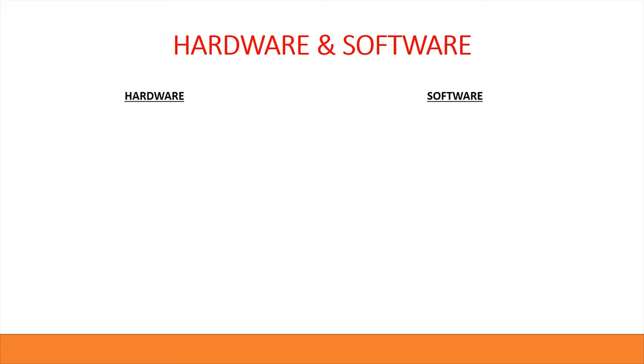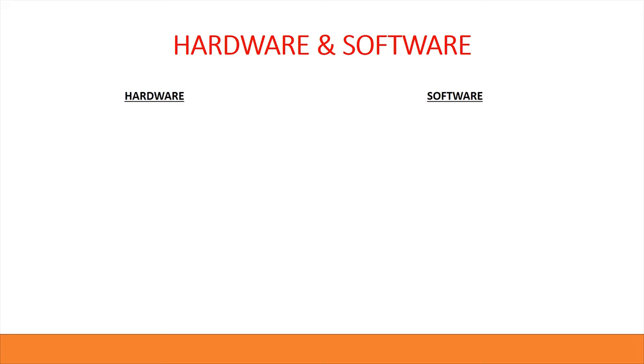When in general I tell a layman what hardware and software are in terms of computer fundamentals, hardware are devices that you can actually touch, pick up, and move from one place to the other. Those are known as hardware devices. That is what I'm telling you in general.